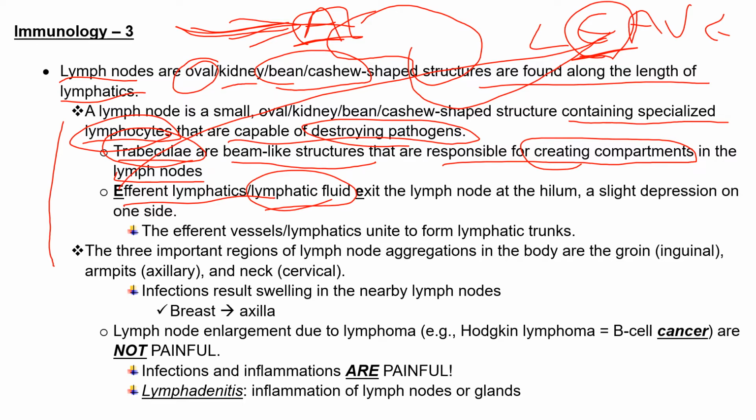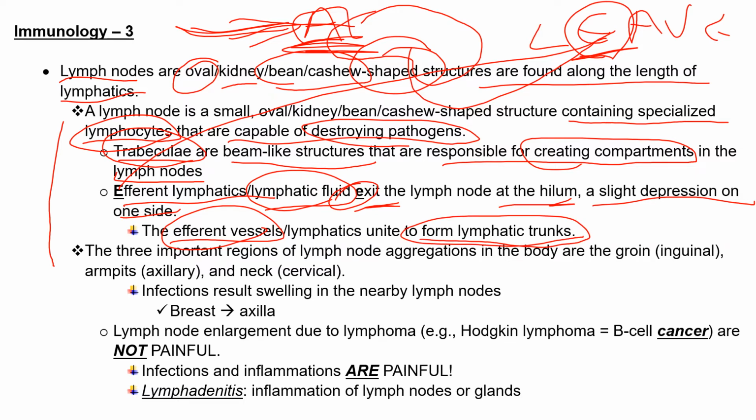Okay, so lymphatic fluid enters the lymph nodes via the afferent lymphatics and exits via the efferent lymphatics at the hilum, and this is the hilum. The hilum is that little cave, a slight depression on one side. So these efferent vessels form lymphatic trunks. It's these smaller efferents that finally find each other and form larger trunks.